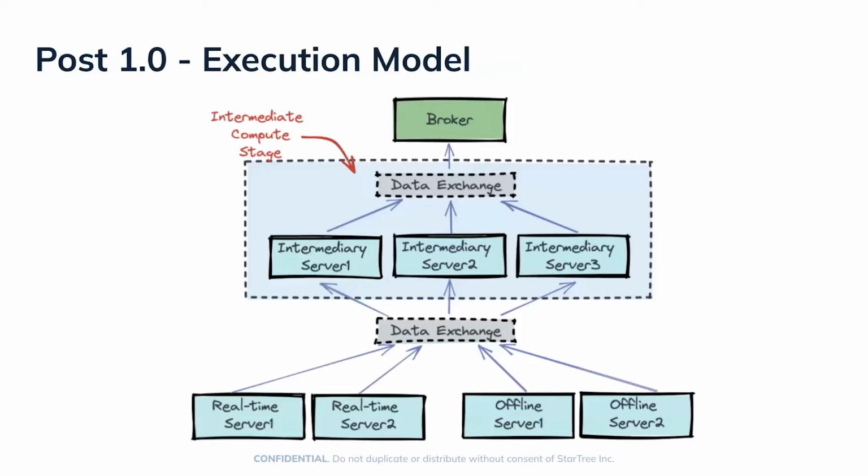So what we ended up designing is, why not make some intermediate steps that you can arbitrarily chain in order to do these computations distributed. We developed a data exchange layer that can shuffle data around between the servers of Pinot. And then we can chain an arbitrary number of these intermediate computational stages.